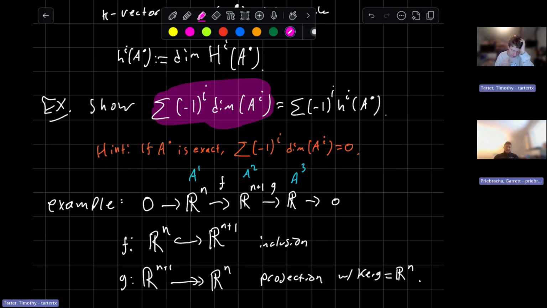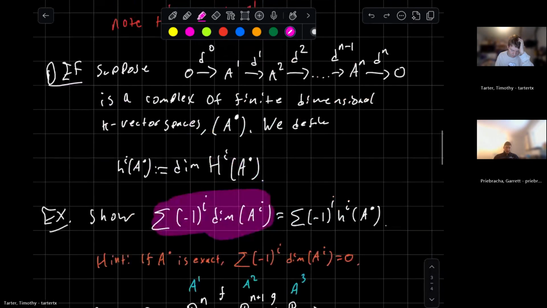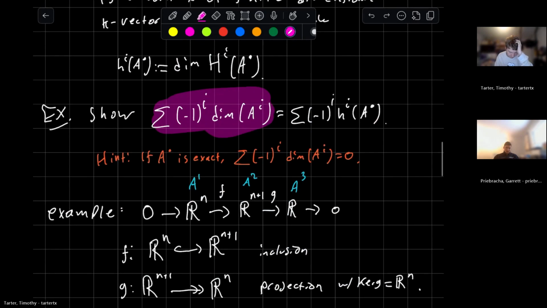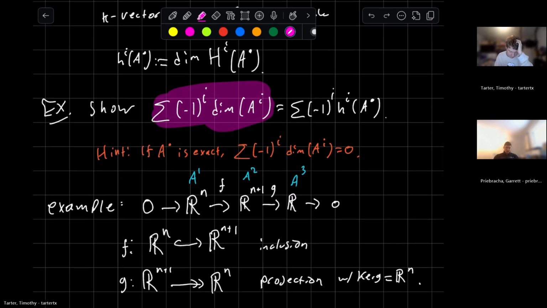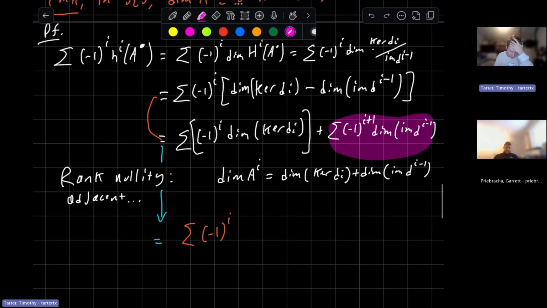The zero one is easy. The zero comes from the fact that the homology group of a short exact sequence is 0. Okay. But showing that, let's follow this math through.